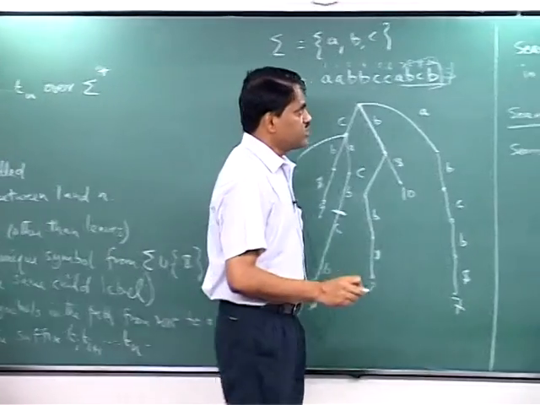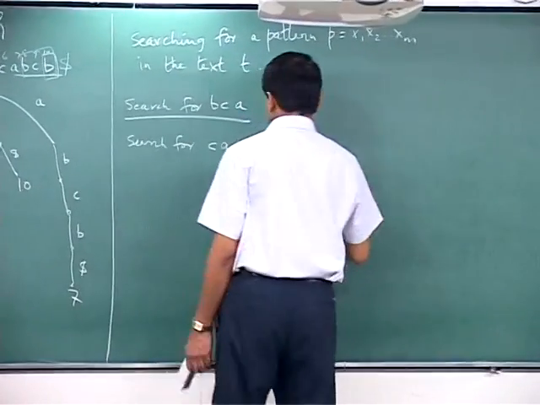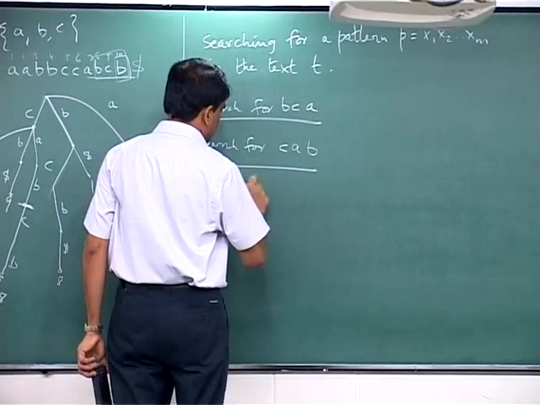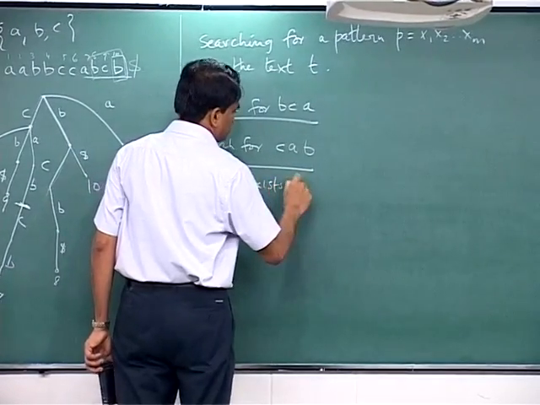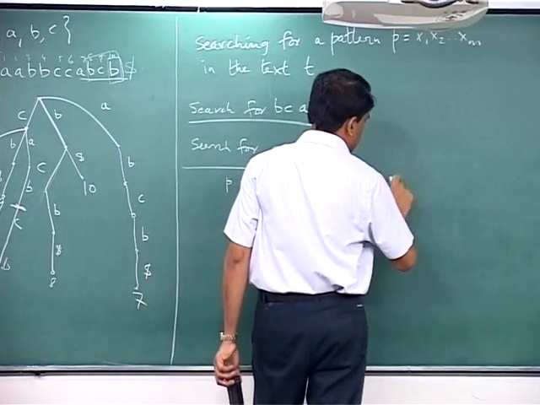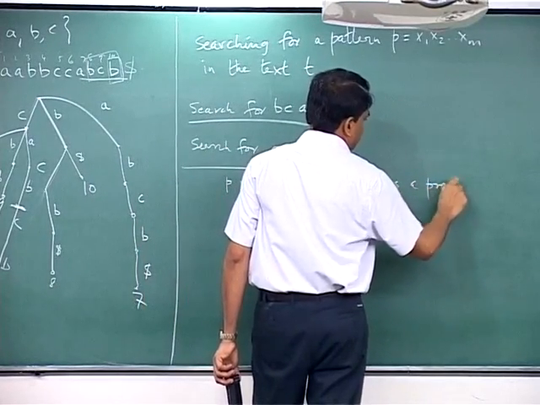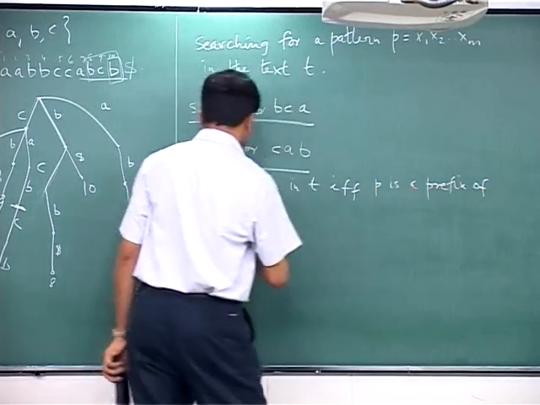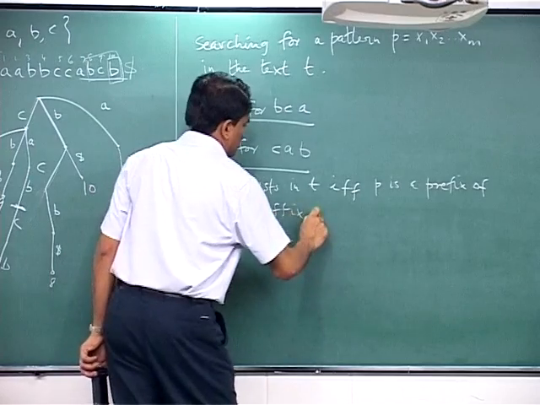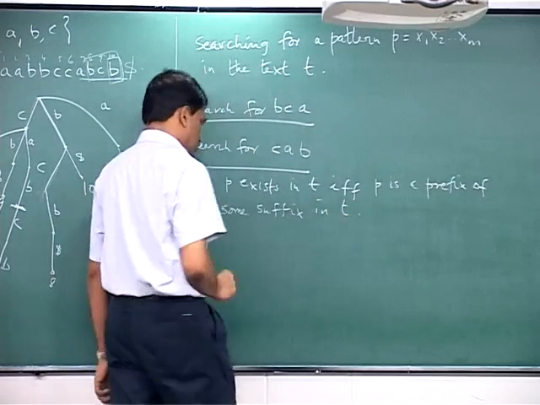Okay, so searching for a pattern P: P exists in T if and only if P is a prefix of some suffix in T.